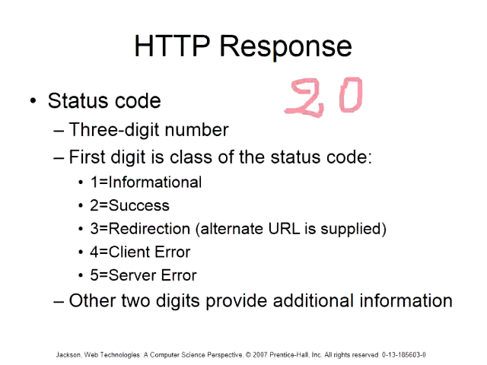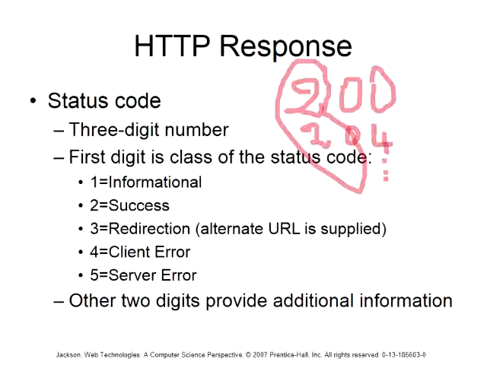So we can find 200, we can find 201, etc. The first digit is the class of the status code. If the first digit is 2, that means success.